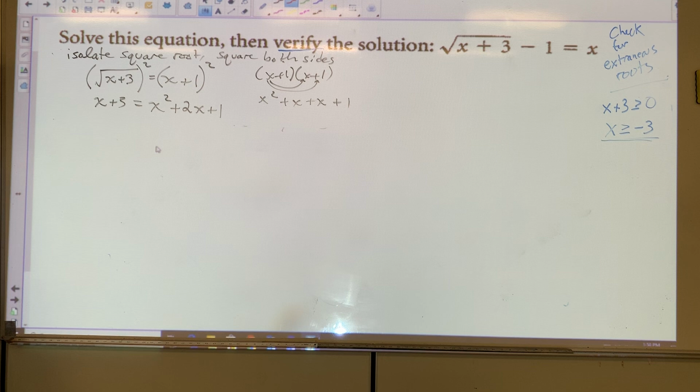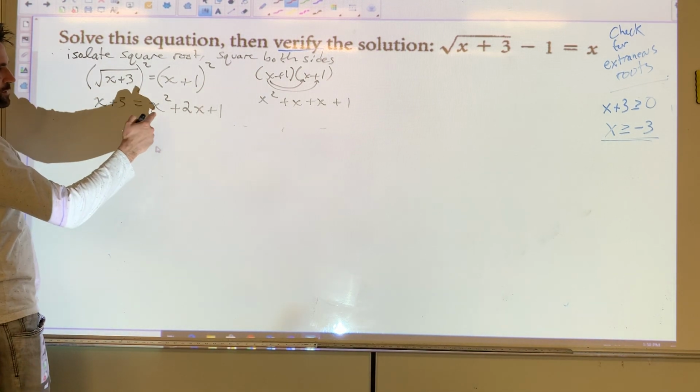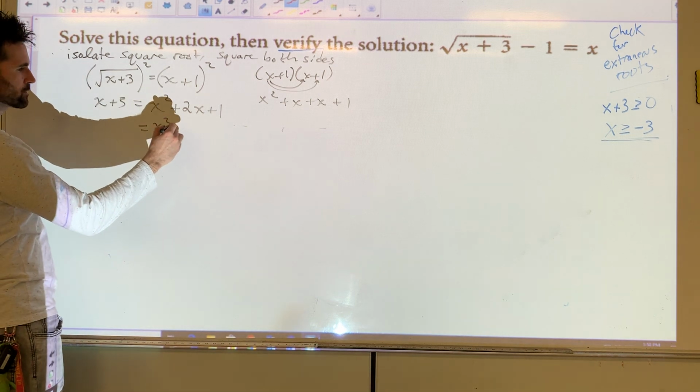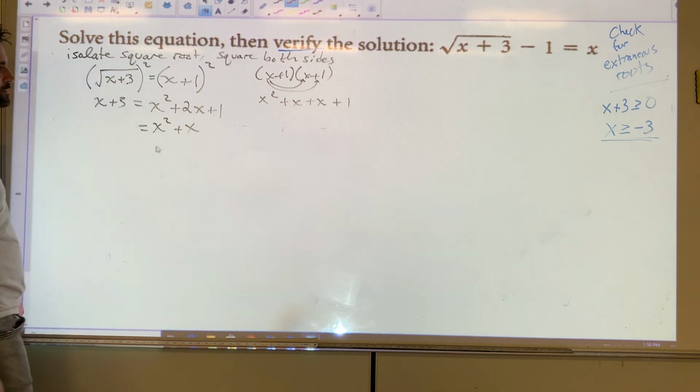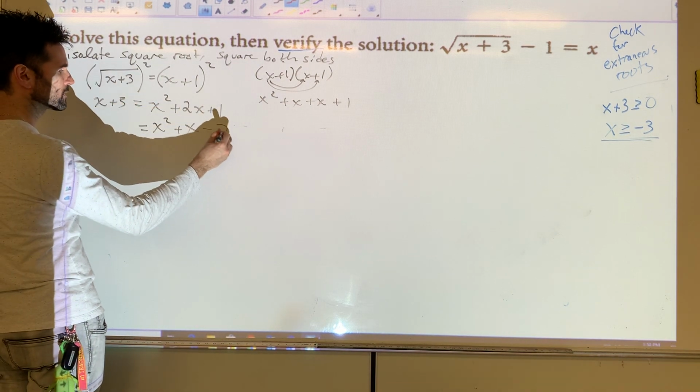Now this is starting to look a little bit better. I got a trinomial here, so I'm going to move all the x's over to one side, all the numbers. I'm going to subtract x from both sides, giving x squared plus x, and then subtract 3 from both sides, so 1 subtract 3 is -2.